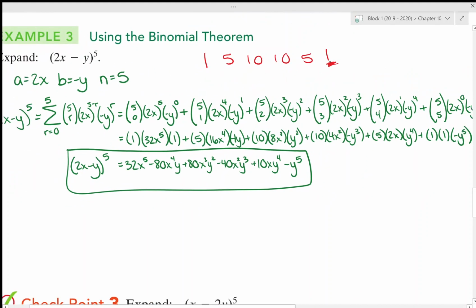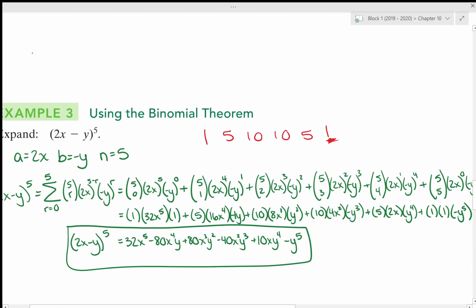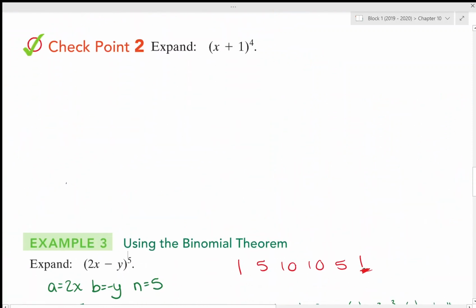Now, what I personally am going to give you, I don't plan to give you any power higher than 5 to do all this binomial expansion for. Okay, don't worry, we're not going to go past 5. Now, what I'd like you to do, pause the video, try out checkpoint 2. All right.